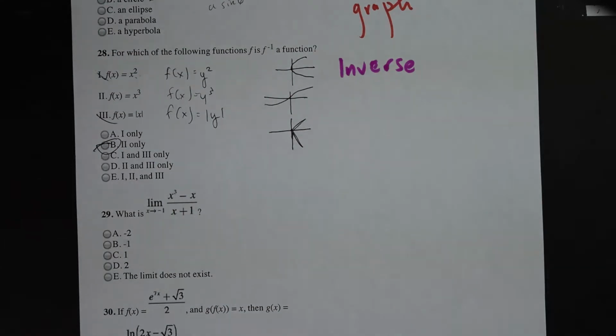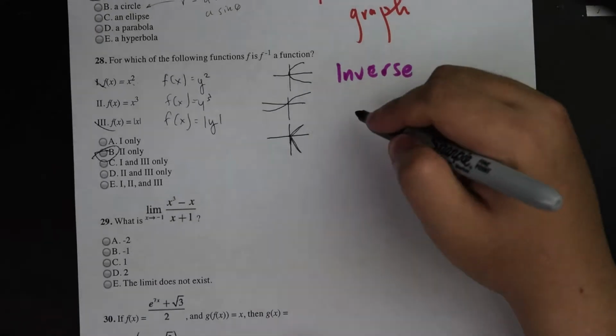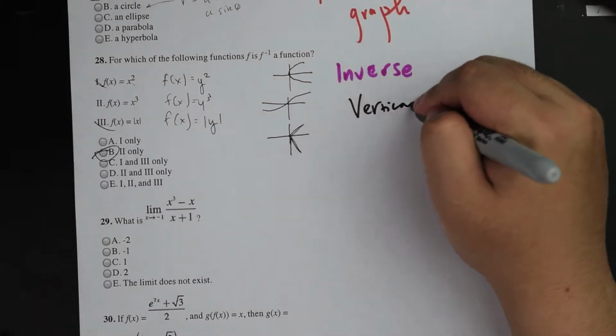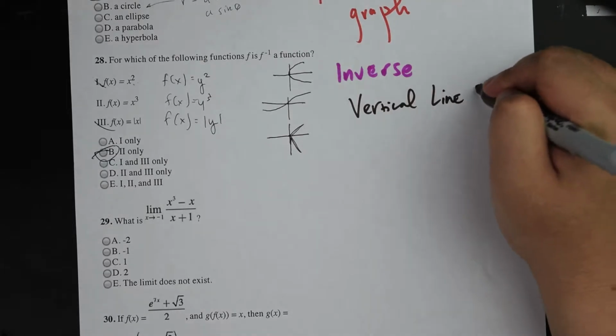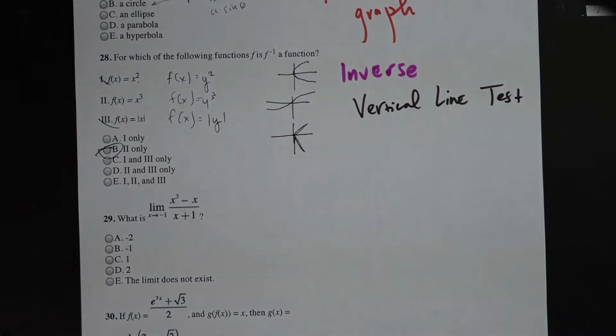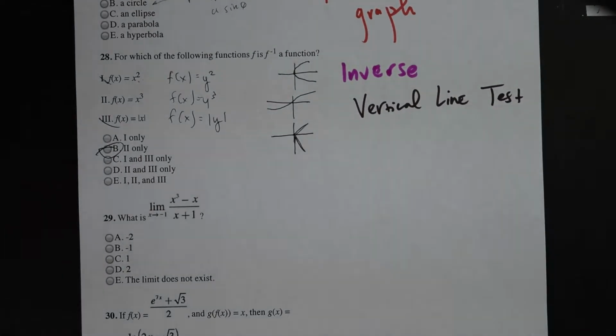Because of the special rule called the vertical line test, and I'm going to write the term so you can look it up later on. How this concept works is that if I could draw a line from top to bottom and it does not hit more than 1 point, then that graph is a function.